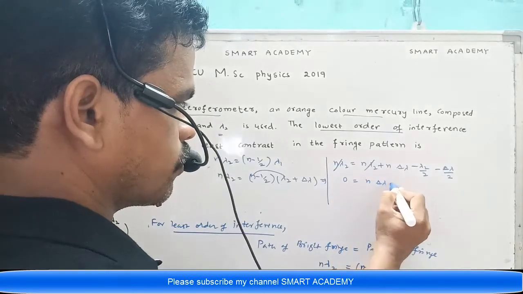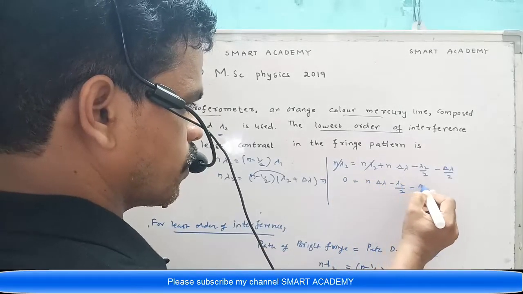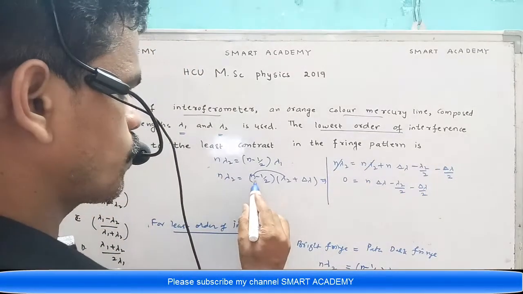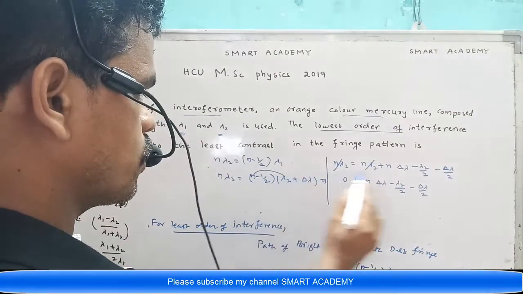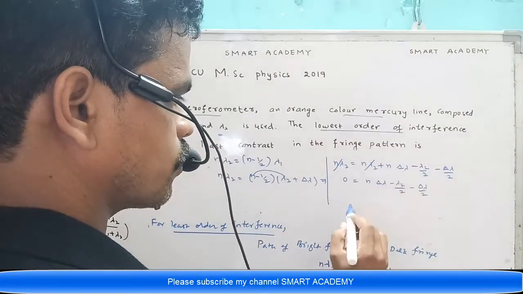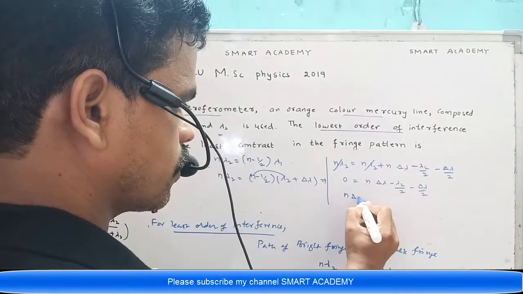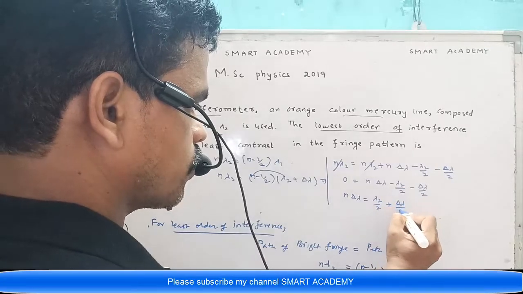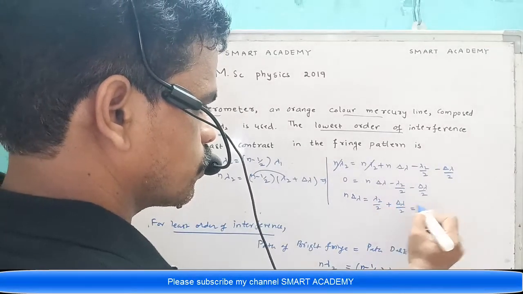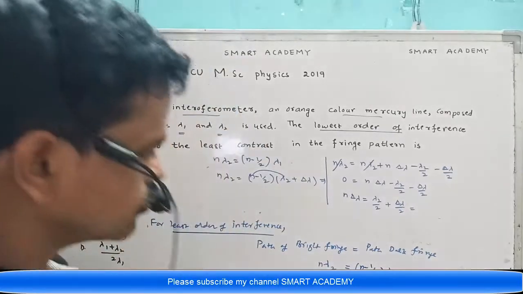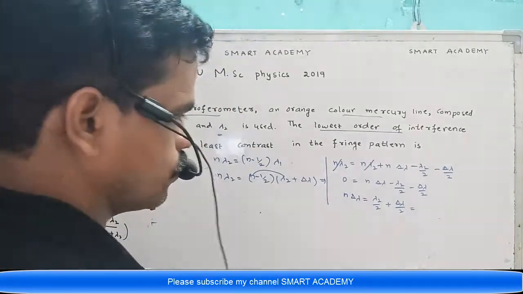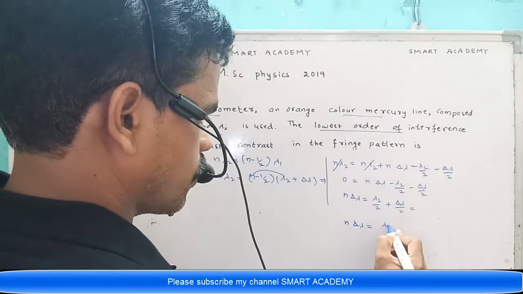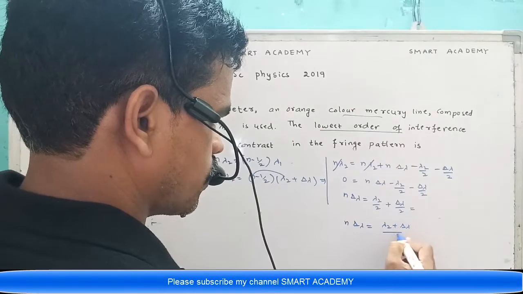So n delta lambda equals lambda 2 by 2 plus delta lambda by 2, that is n delta lambda equals lambda 2 plus delta lambda by 2.